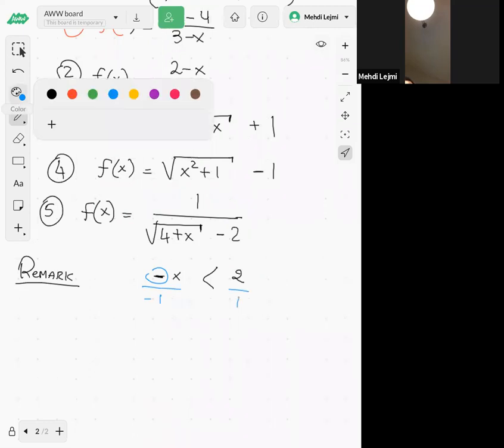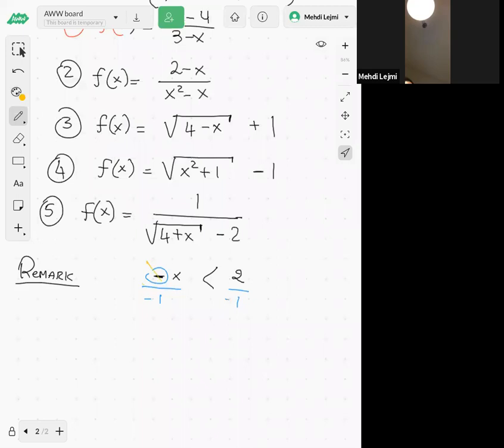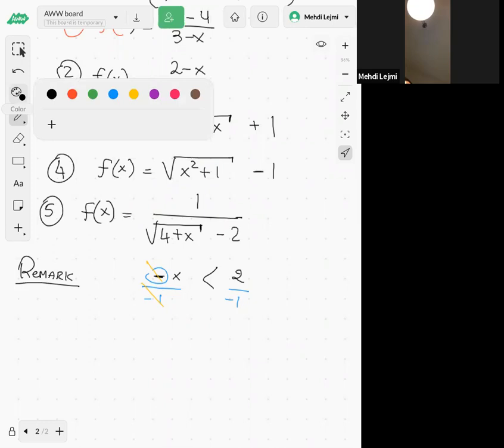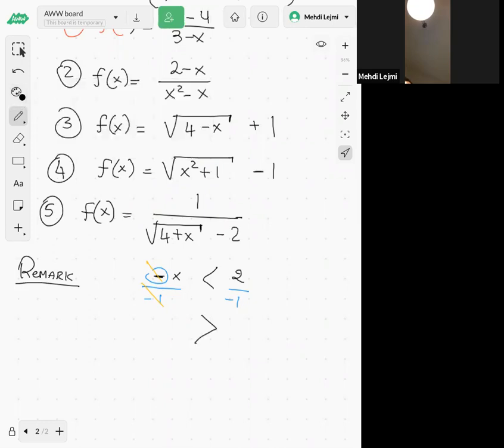So this negative here goes away. But when you divide or multiply by a negative number, you have to change your inequality. So this less becomes larger. So this is now x larger than -2. Okay, so just be careful.